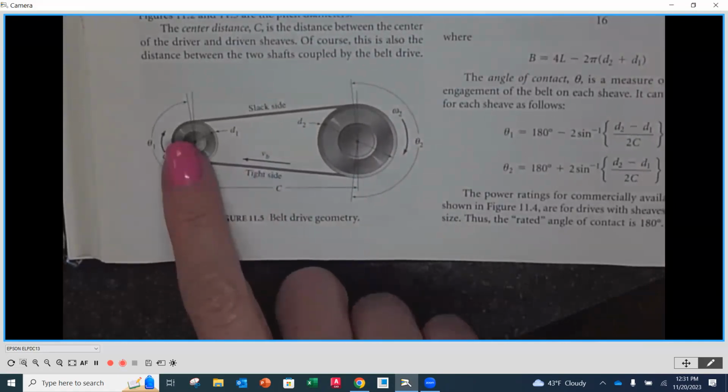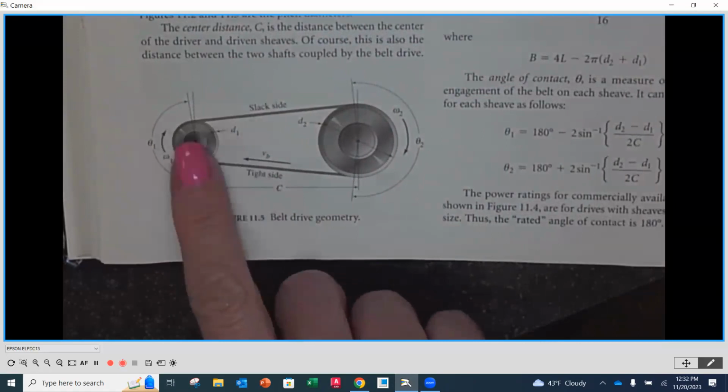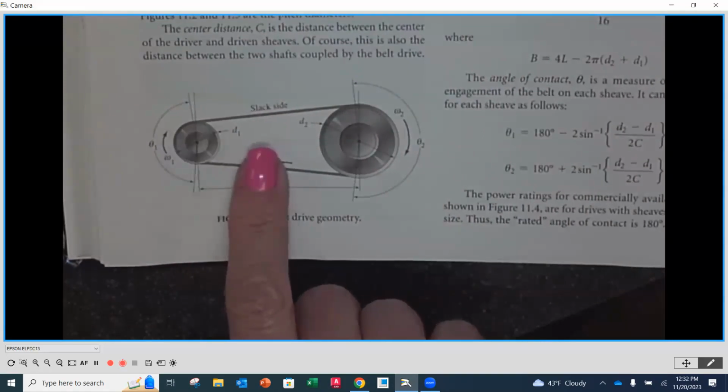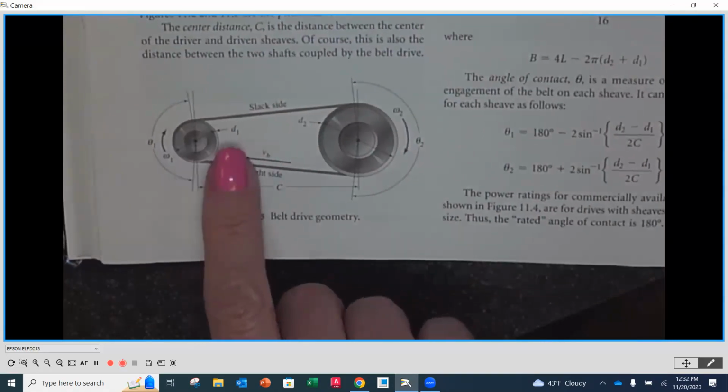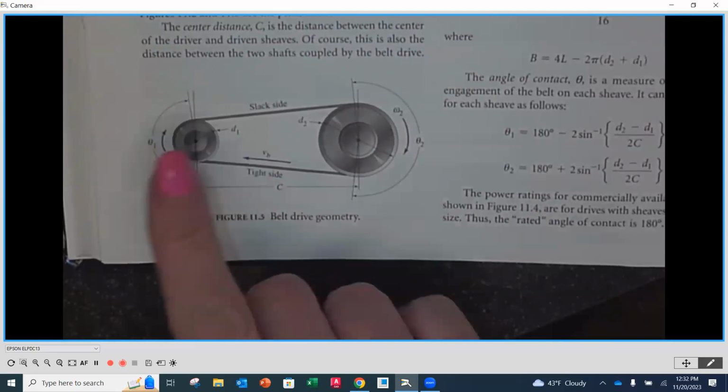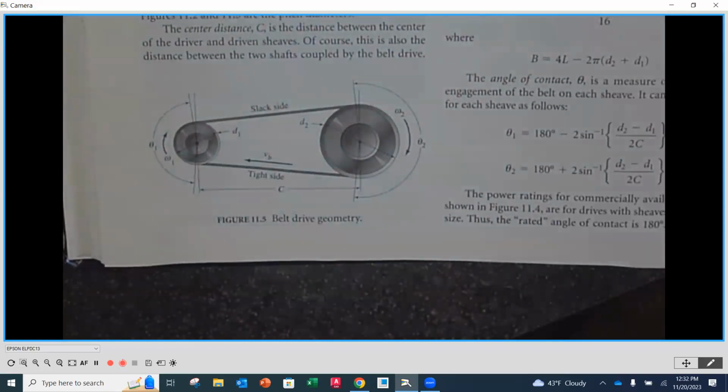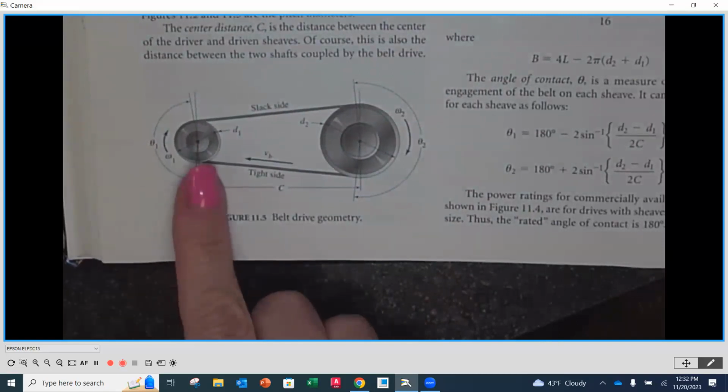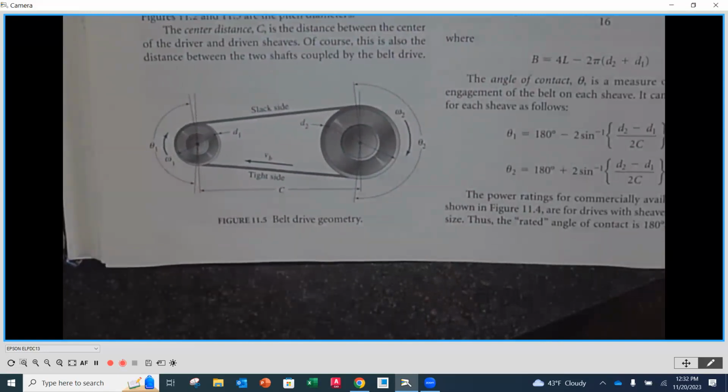I'm just going to use the motor, or the driver, for right now. If you push it in, you have to have the ability to take that V belt and go over the top of each one of those sheaves and then push it back to snug it back up so that it's nice and tight, okay, for operating.